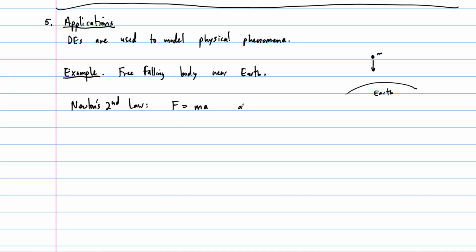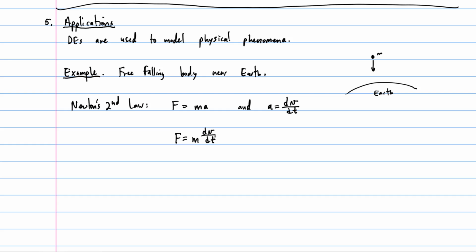So A is the rate of change of velocity with respect to time; that's the definition of acceleration. So we have a formula for the force exerted on this apple by the Earth: F equals mass times dV by dt.